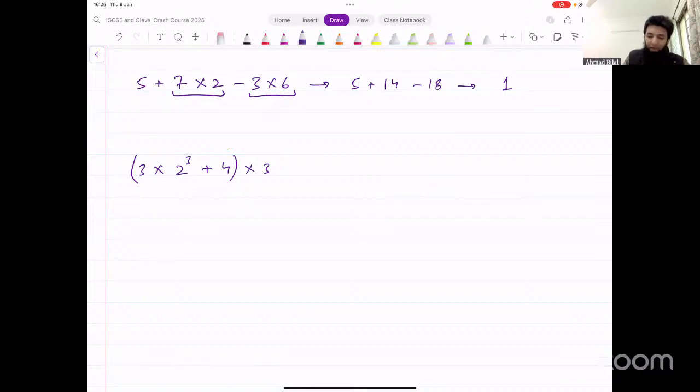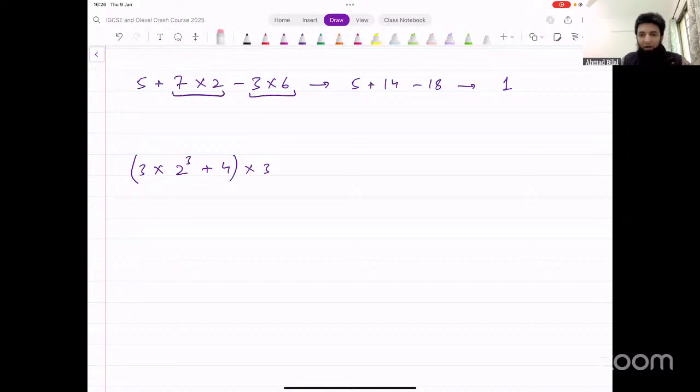Okay. Inside the bracket, let's see what's happening. Let's evaluate everything that is inside the bracket first of all. Inside the bracket, we've got three numbers. And how many operators do we have? We've got multiplication, we've got addition, we have a power. What's the highest priority amongst these?